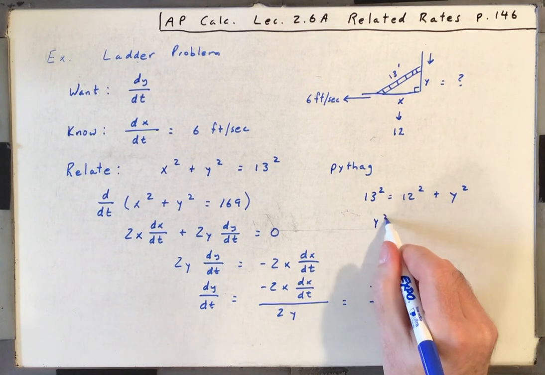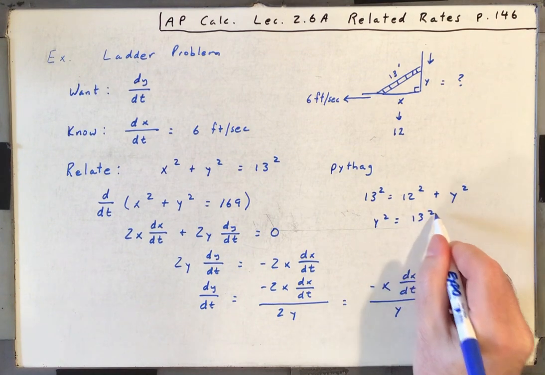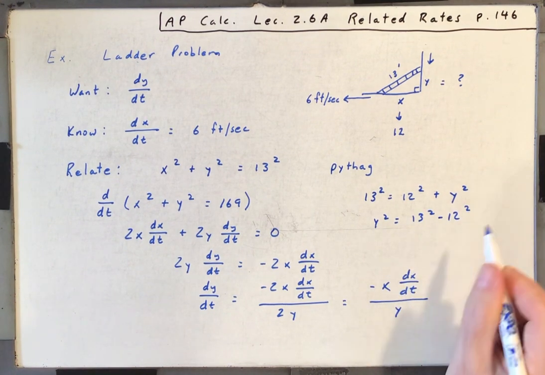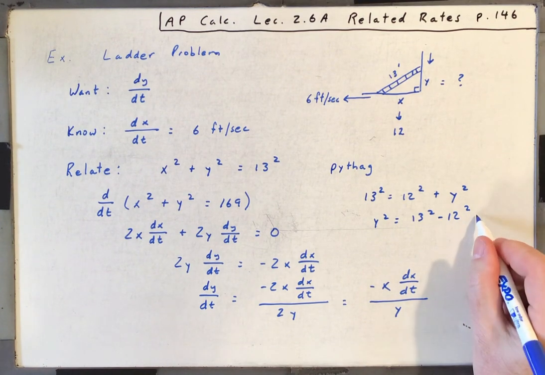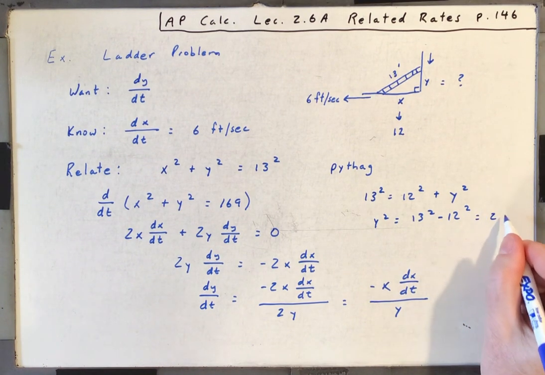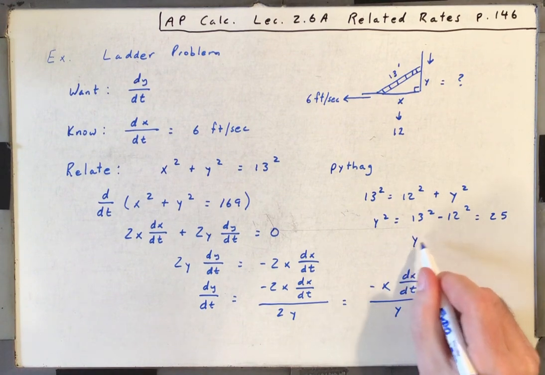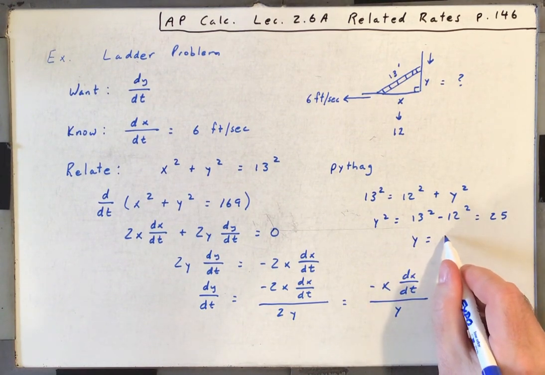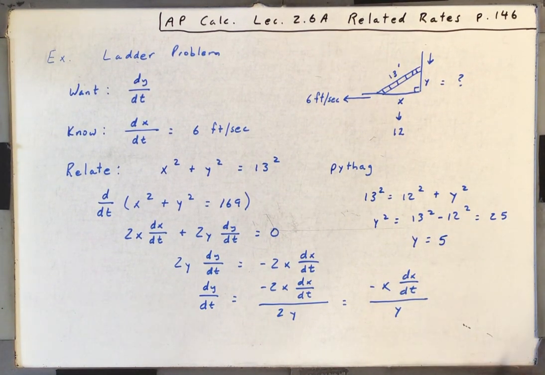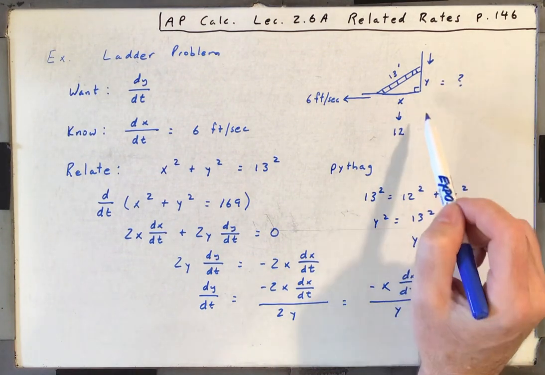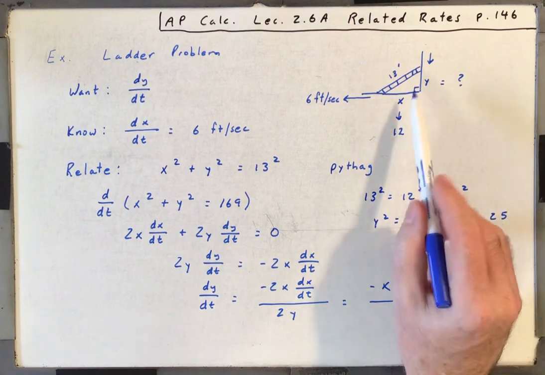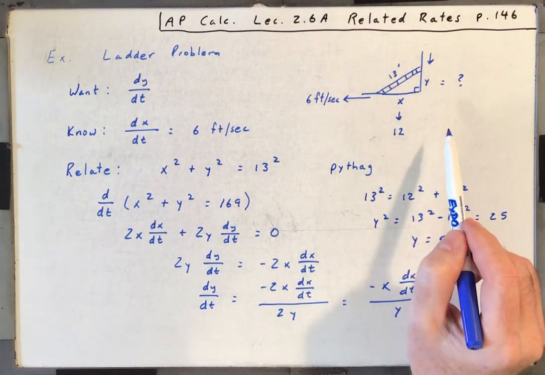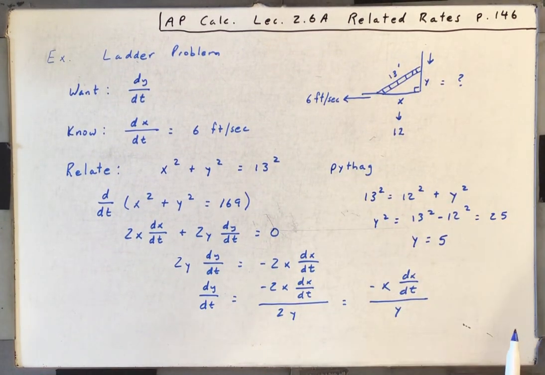So y squared is equal to 13 squared minus 12 squared. That's 169 minus 144, so that's going to be 25. So taking the square root, y is going to be 5. You might also remember that this is a famous right triangle. It's one of those integer right triangles, 5, 12, 13, kind of like 3, 4, 5.